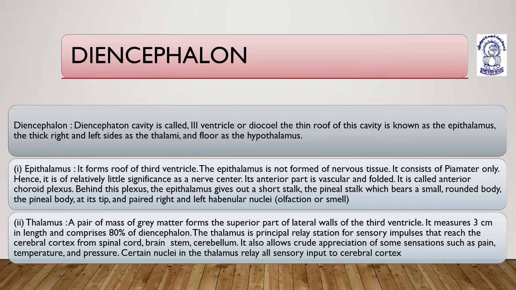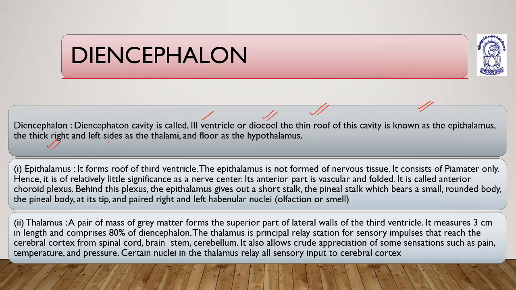The diencephalon cavity is called the third ventricle, or diocele. The thin roof of this cavity is known as the epithalamus.